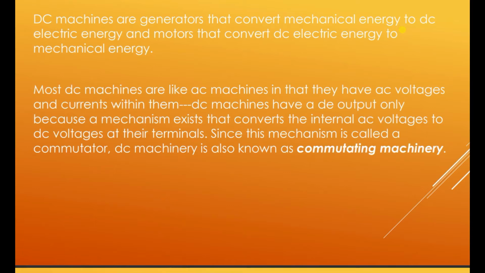DC machines have a DC output only because a mechanism exists that converts the internal AC voltages to DC voltages at their terminals. Since this mechanism is called a commutator, DC machinery is also known as commutating machinery. So we are using a commutator to convert AC to DC. This is DC.